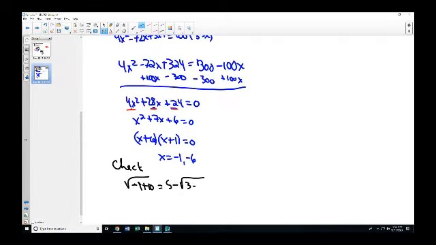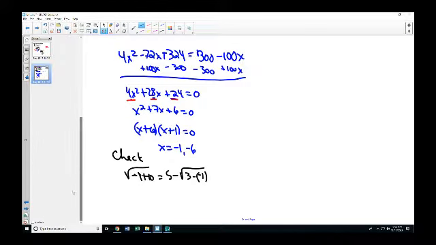That's 3, right? That's 2. 5 minus 2 is 3. So x equals negative 1 works.